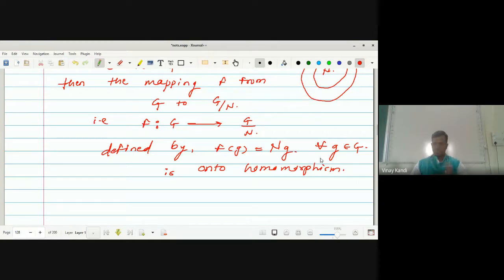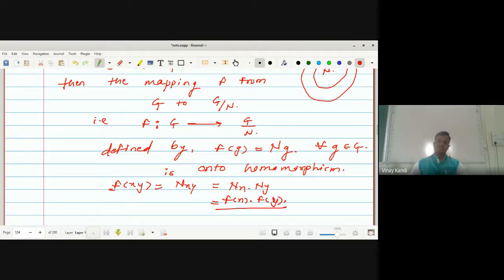We can prove it though. f of xy, by the definition of f, we get N xy, which is equal to Nx Ny, which is equal to f of x into f of y.